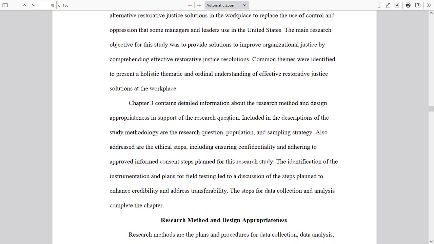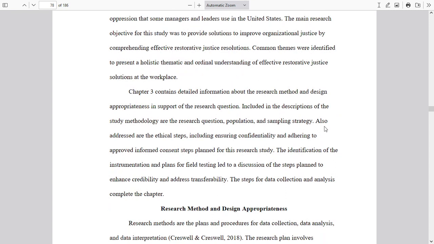So basically, this is just going to involve the study methodology, research questions, population, and sampling. I'll probably go over some of that. It'll also address ethical steps, ensuring confidentiality, and adhering to approved informed consent. I'll talk about the instrumentation and credibility and transferability and the steps for data collection and analysis.